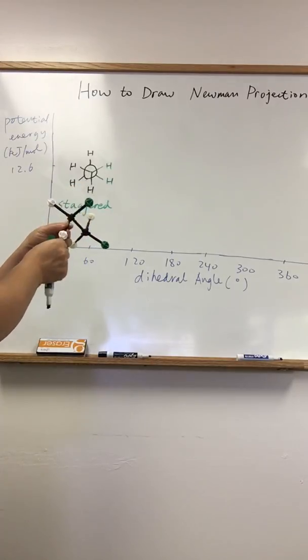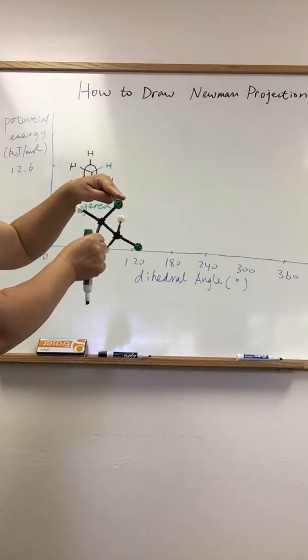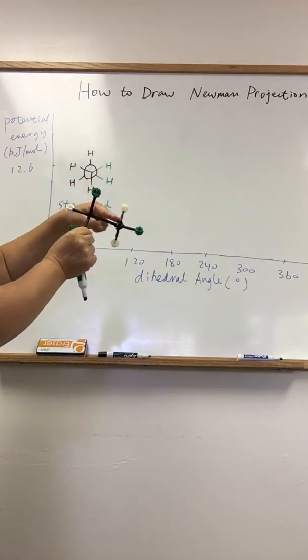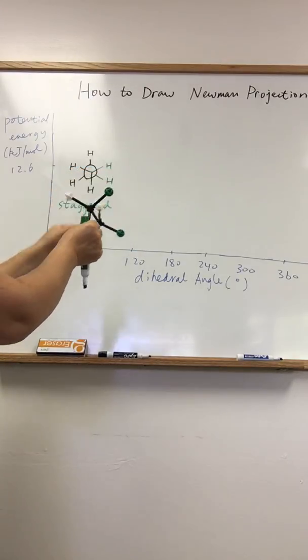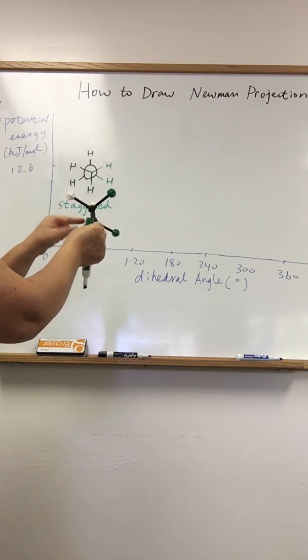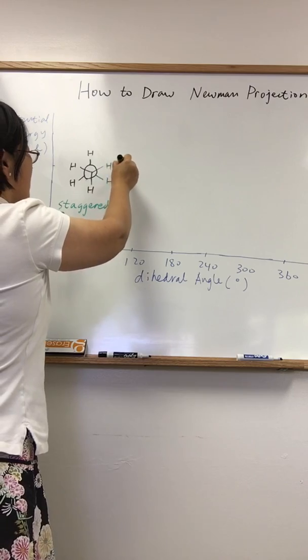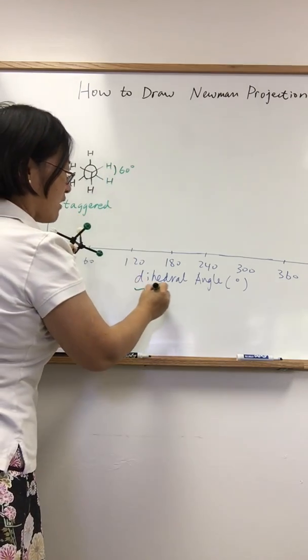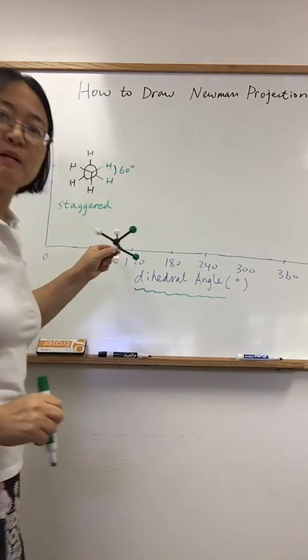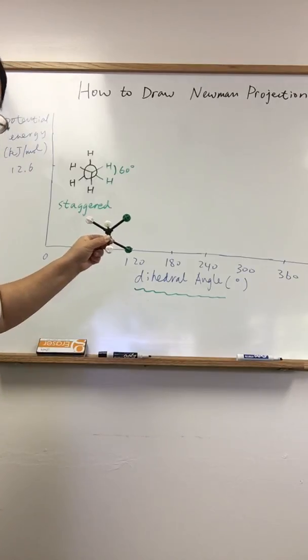However, we could look at the three-dimensional from this hydrogen to this carbon to this carbon and this hydrogen. If you look along the carbon-carbon bond, they have a 60-degree dihedral angle, or called torsional angle.